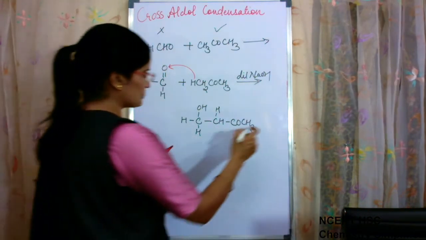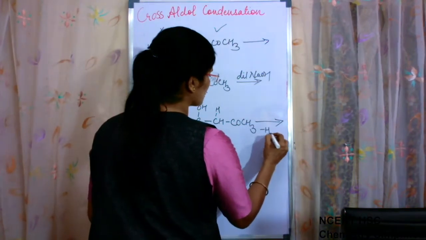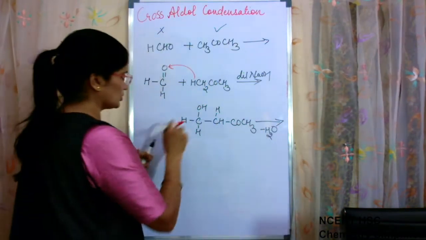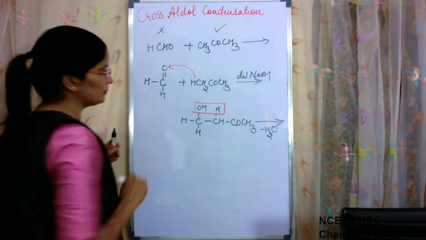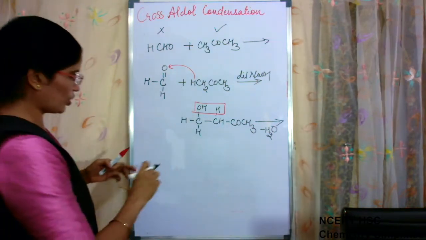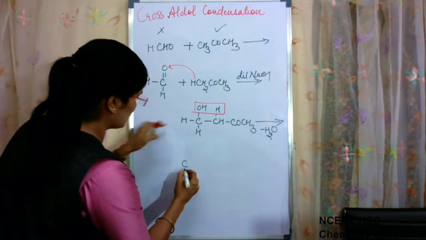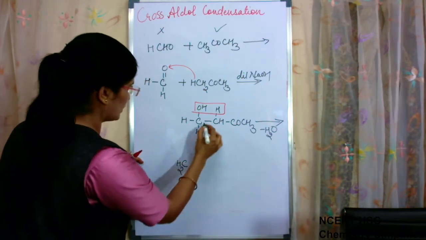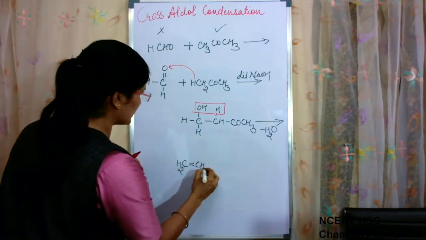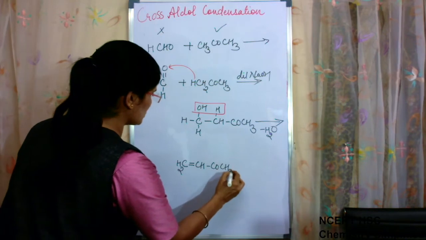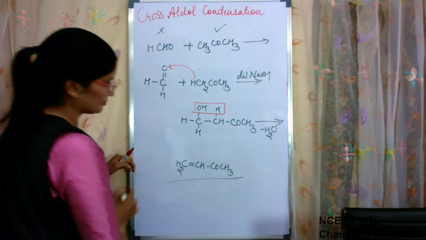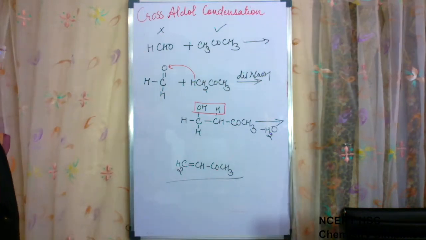Then this product undergoes dehydration, loss of a water molecule, and this forms CH2=CH-COCH3. This is one product which it will form.